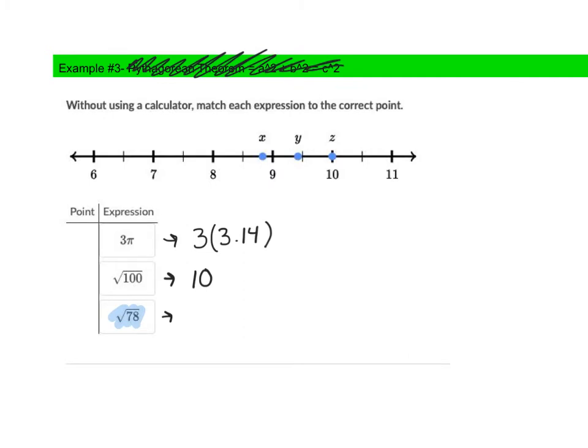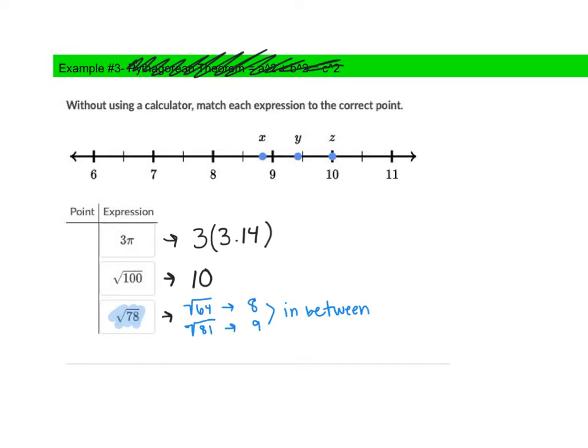Right before this number is the square root of 64, and right after this number is the square root of 81. So the square root of 64 is 8, and the square root of 81 is 9. So it's in between 8 and 9. Okay, and that's where the square root of 78 is.